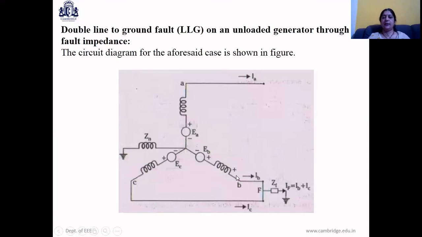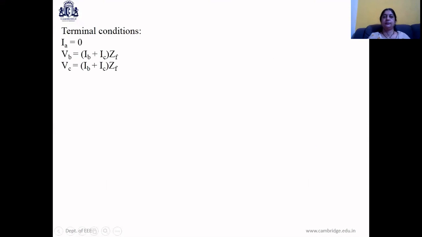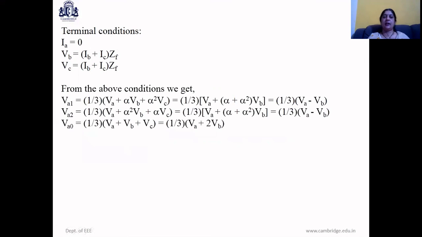Everything else remains the same, but B and C are shorted and they are grounded through ZF. So the expression slightly changes. VB is IB plus IC into ZF. VC is IB plus IC into ZF. IA continues to be 0. We can write the expressions for the positive, negative and zero sequence voltages.